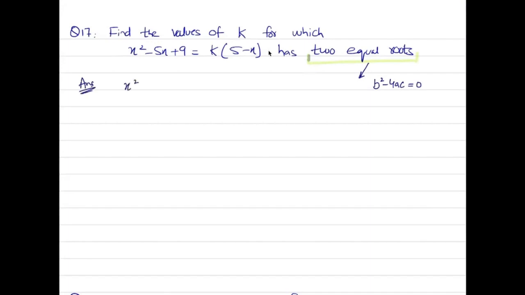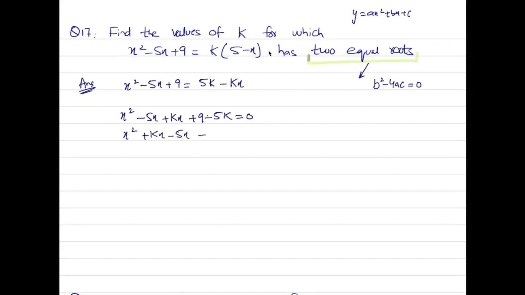So the first step, how would you solve this equation? You're going to simplify. x squared minus 5x plus 9 equals k times 5, which is 5k, minus k times x, which is minus kx. You're going to rearrange the equation in the form ax squared plus bx plus c, so bring all the terms to one side: x squared minus 5x plus kx plus 9 minus 5k equals 0.